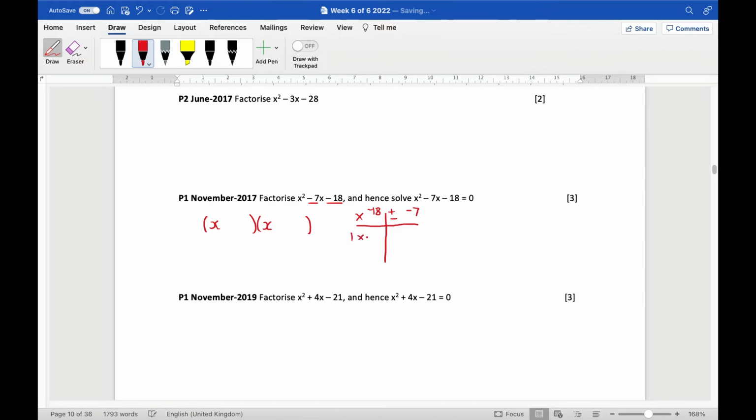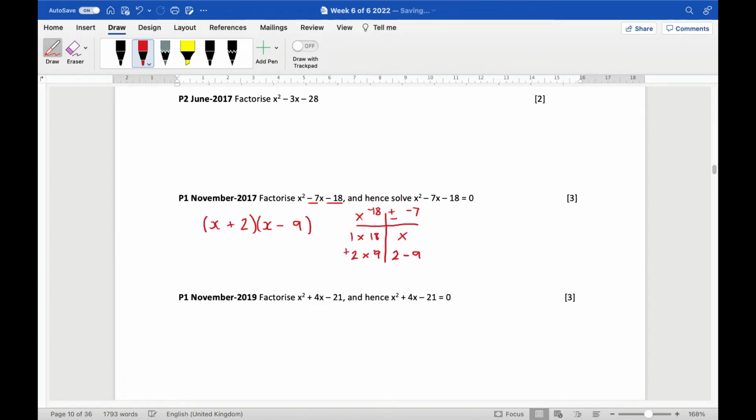And you can have a little look at lots of pairs if you want. You could write every pair and just cross them out, but you'll soon get to the fact that I think 2 times 9 is our way to make minus 7. And to get minus 7, 2 take away 9 will give you minus 7, remembering that the 2 is actually positive.